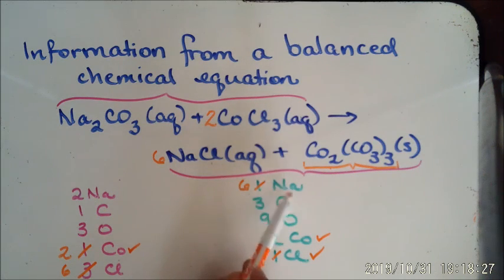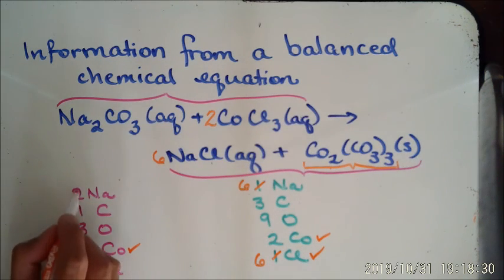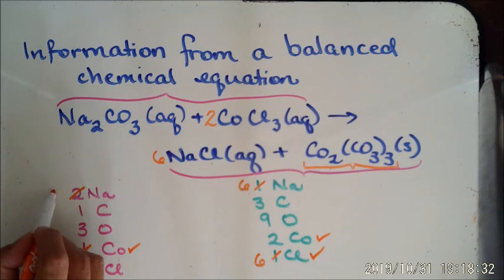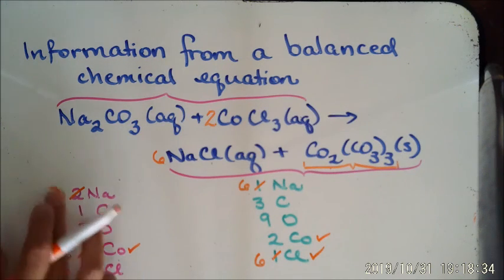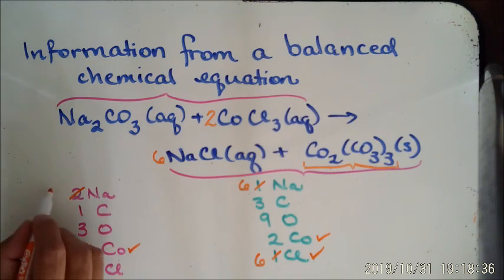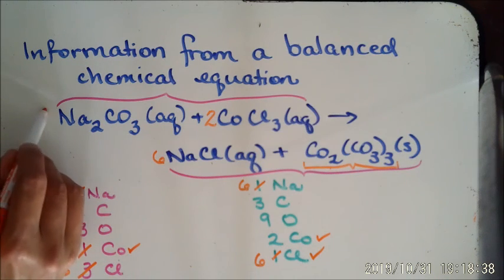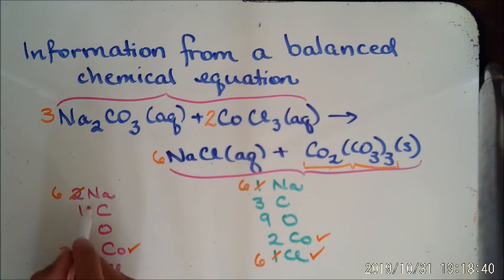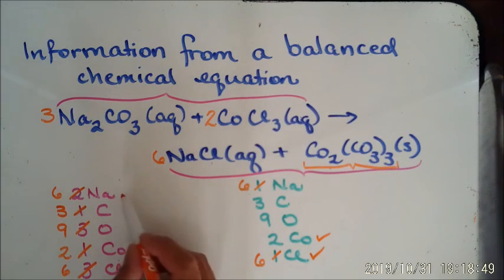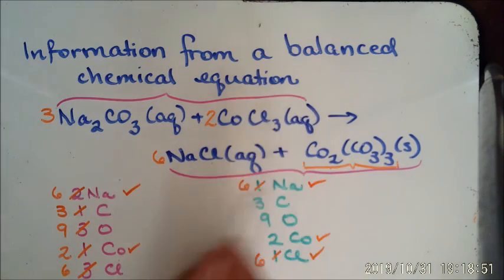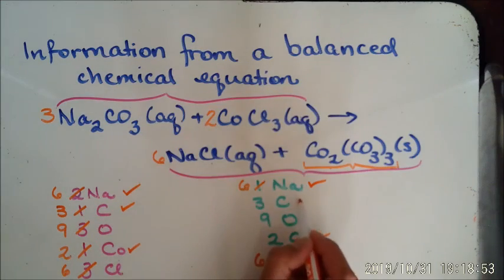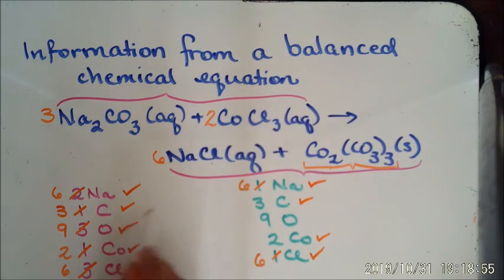I have 6 here, I need 6 here, so I'm going to multiply this by 3. Multiply it by 3, I get a 6, so we're putting a 3 as my coefficient out there. Then I have to multiply the carbons by 3, and the oxygens, 3 times 3 is 9. So now the sodiums work, the carbons are balanced, and the oxygens are balanced.